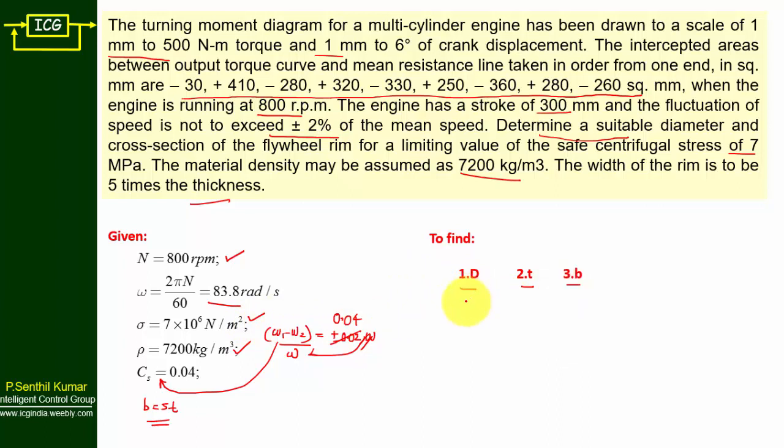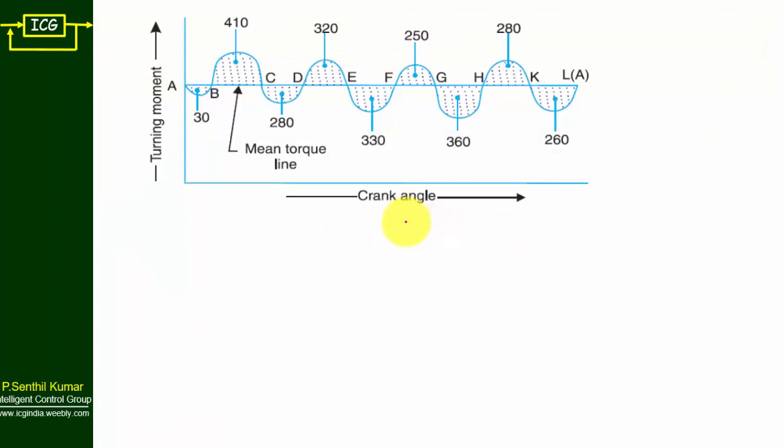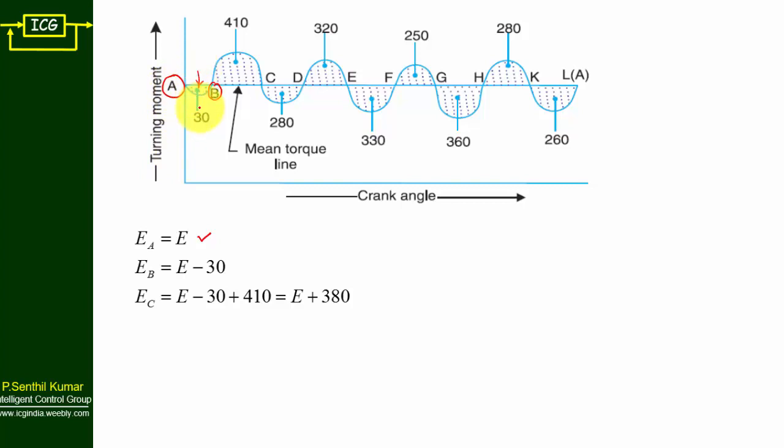Let us draw the turning moment diagram first for this specification. So this is the turning moment diagram for this specification. Energy at point A equal to E. Energy at point B equal to energy at point A minus 30, because of this downward direction, this should be minus.